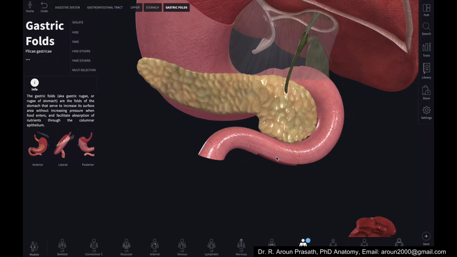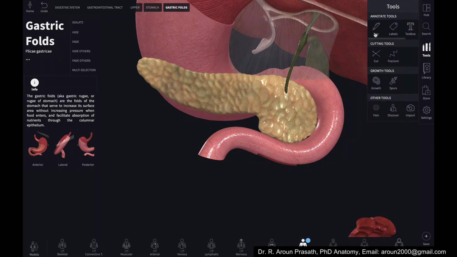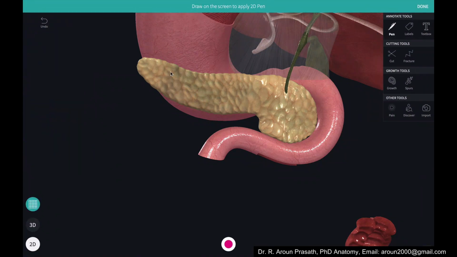Let me show you the landmarks of these areas. This part is called the head. And this part is the body, and this is the tail end of the pancreas.